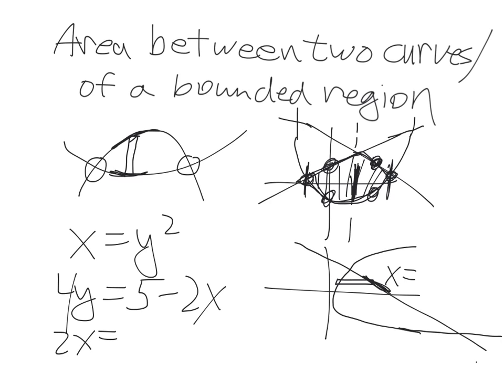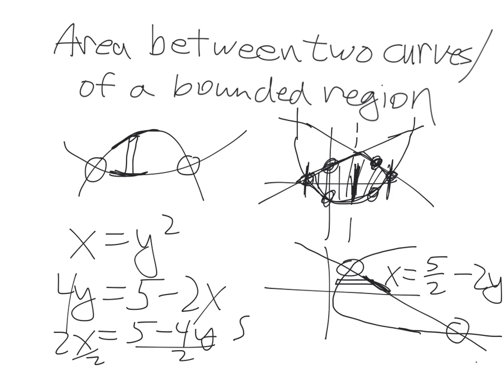We'll add 2x to both sides and subtract 4y and then divide by 2. x is going to be 5 halves minus 2y. And so we would integrate from, well, you've got to set them both equal to find our integral limits, but the integrand would be the right, which would be the line, minus the left, which would be the parabola.